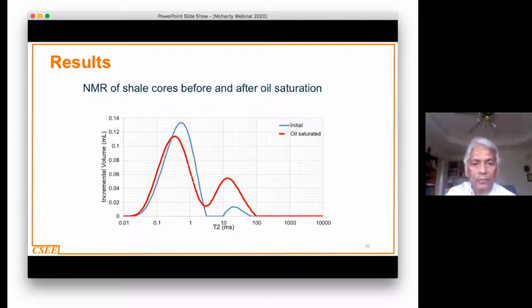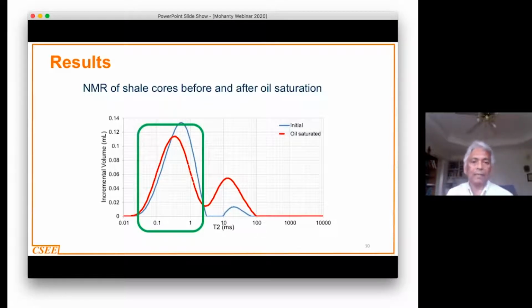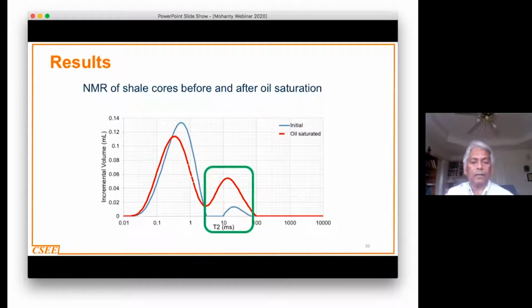When we do oil saturation, the blue line changes to this red line. As you can see here, there are two peaks. This peak is in smaller pores, that's why it's at smaller T2 time. The second peak over here is in larger pores. And this is where, when we do the oil saturation, we are putting in some extra oil. This is actually kerosene in our experiment, a light oil.